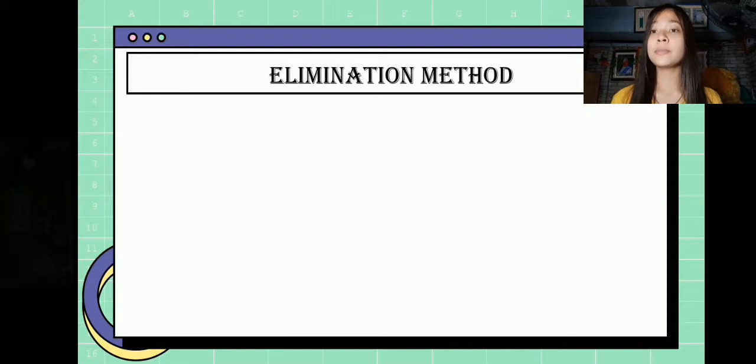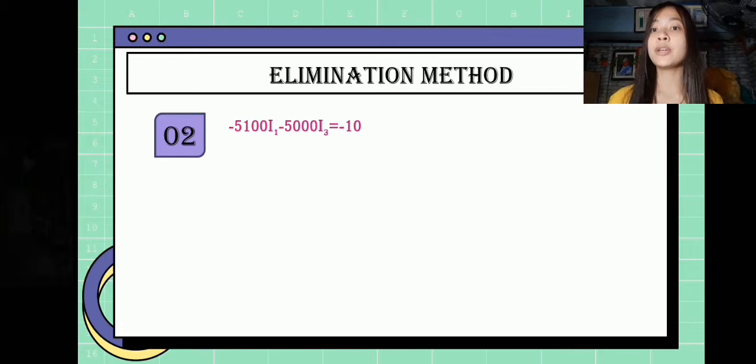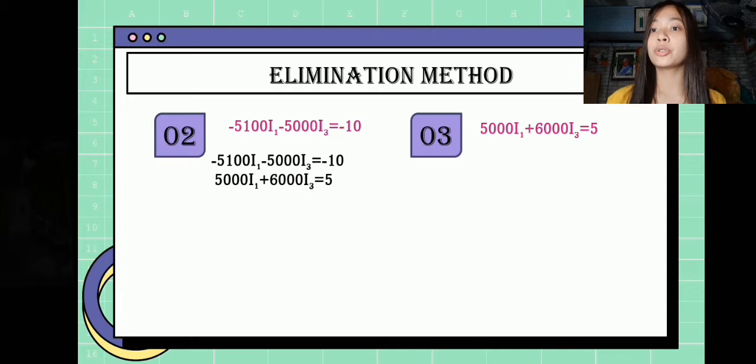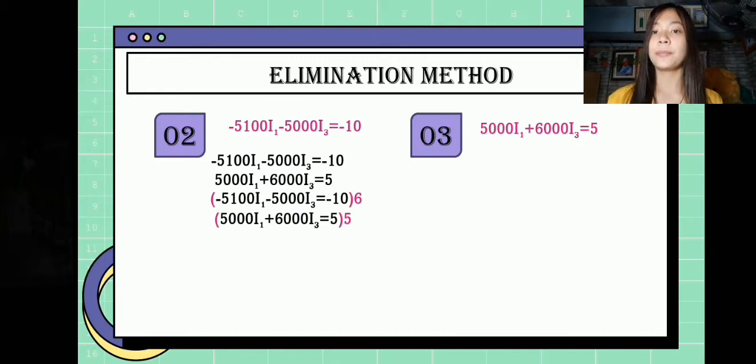In the elimination method, we will use the two equations to get I1. So, in loop 1, we have negative 5,100 I1 minus 5,000 I3 is equal to negative 10. While in loop 2 is 5,000 I1 plus 6,000 I3 is equal to 5. So what we will do is look for two numbers that make the I3 coefficients the same, which are 6 and 5.